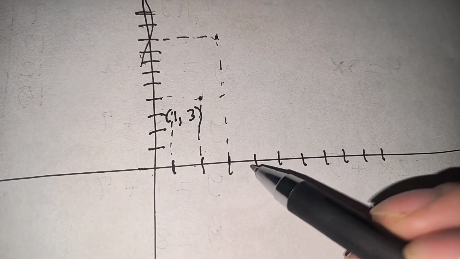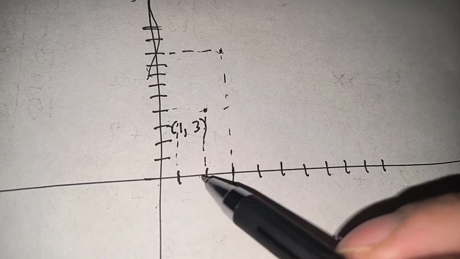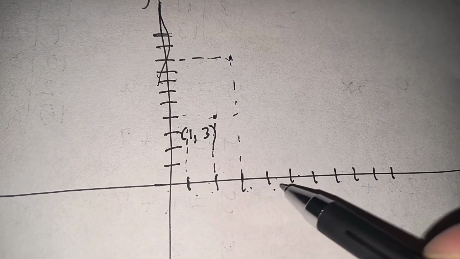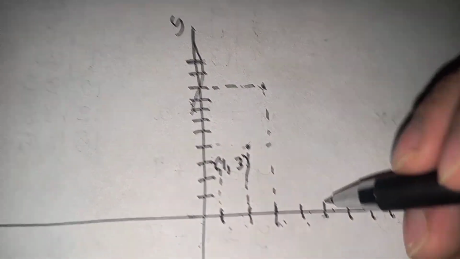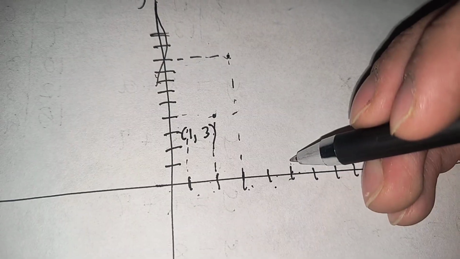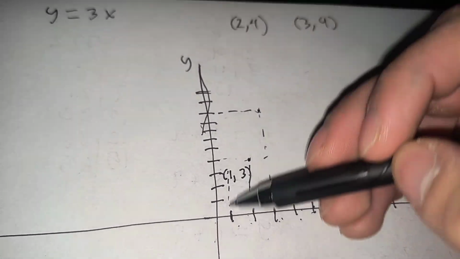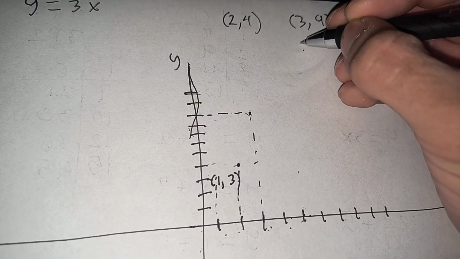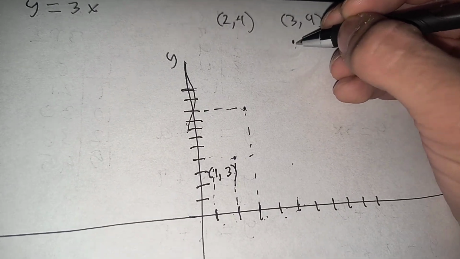So let's do another one. Let's say we took 5 as the input. 1, 2, 3, 4, 5. 3 times 5 is 15. This only extends up to 10, so let's say 15 is right up here.